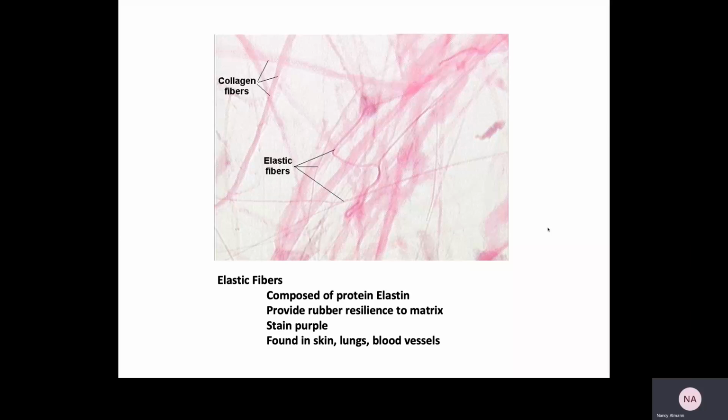And blood vessels need a fair number of elastic fibers because they have to vasoconstrict and vasodilate depending on how hard your heart is beating and what hormonal changes they might have to respond to.